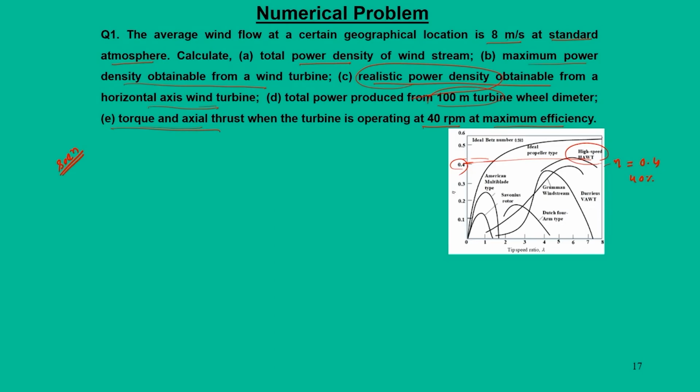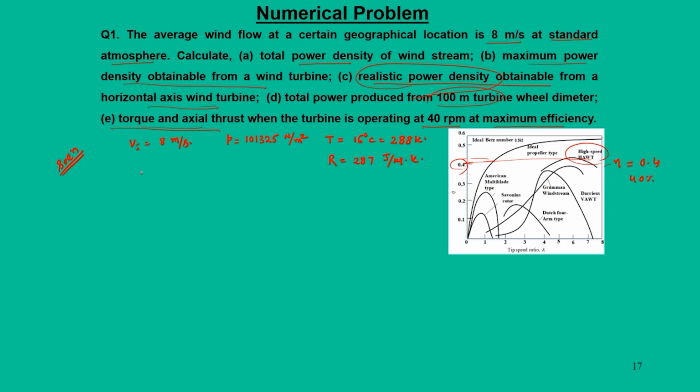So, let us understand what data is given, which is Vi is 8 meter per second, and atmospheric conditions we say P is equal to 1 atmosphere or 101,325 Newton per meter square. Temperature can be assumed to be 15 degree centigrade or 288 Kelvin, and since it is for air we take R as 287 joule per kg Kelvin.